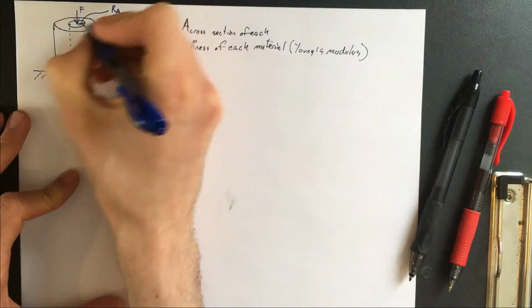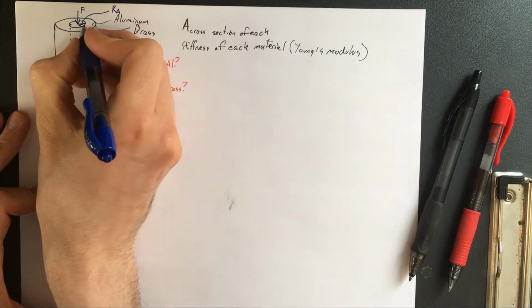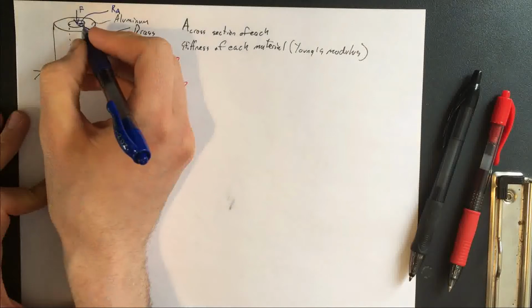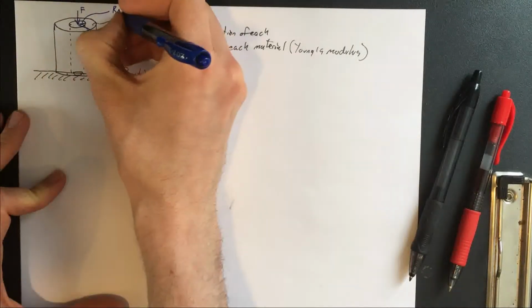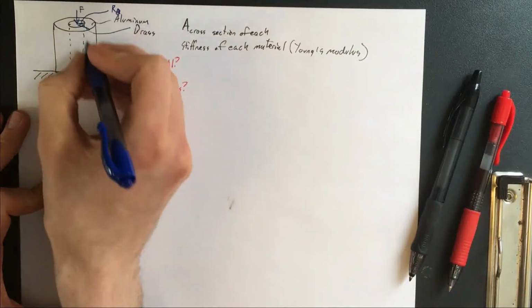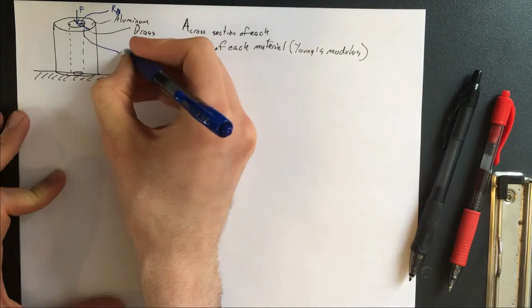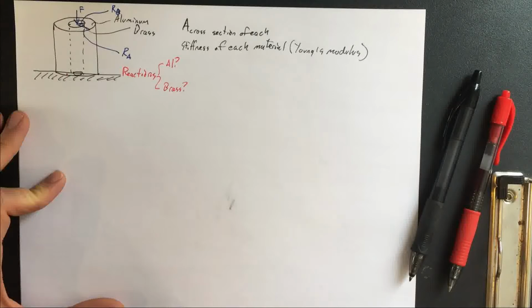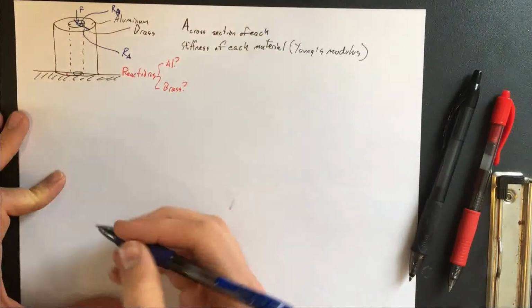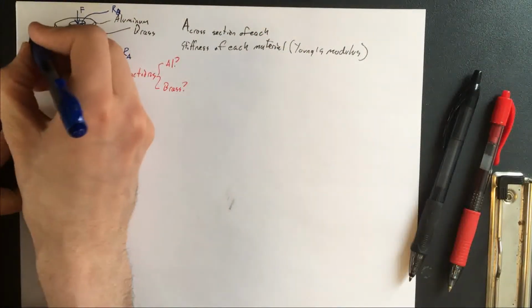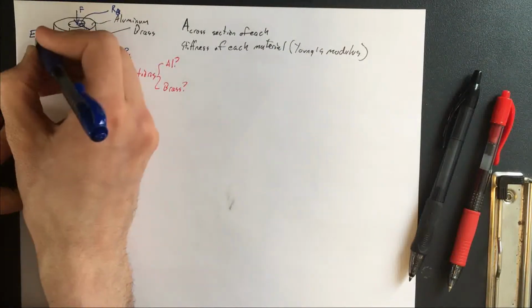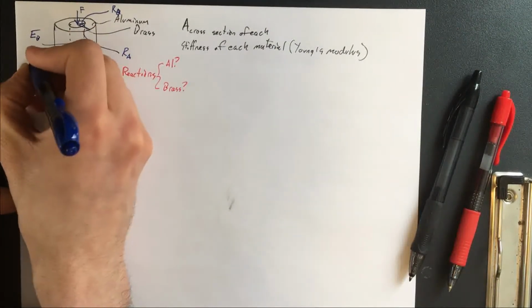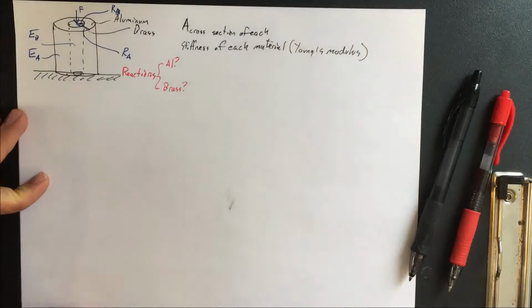We're going to need to know the radius of the brass, which is in the middle, and the radius of the aluminum, which is the outer ring. So we're going to need to know these two radii. We're also going to need to know the stiffness of the brass and the stiffness of the aluminum as well.